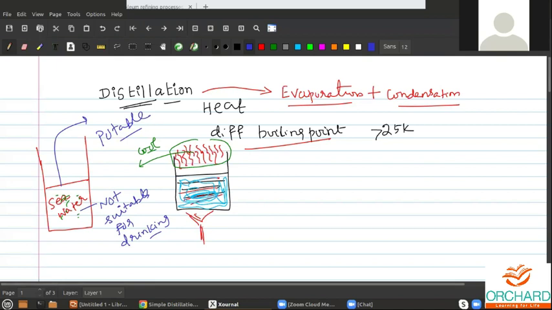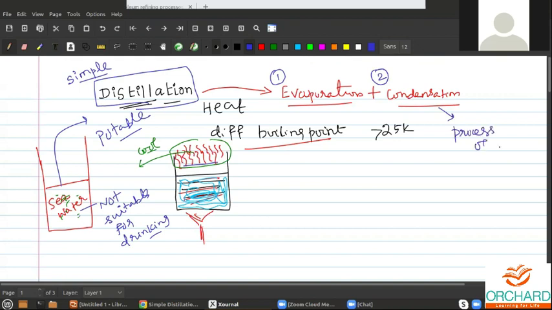The same principle. We adopt a method called simple distillation. The first step, we evaporate the sea water and collect the vapors and cool them. The process is called condensation, the process of cooling the vapors.